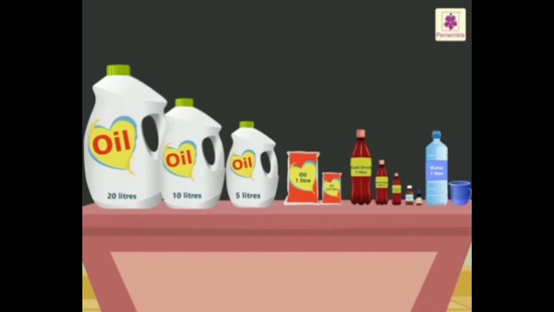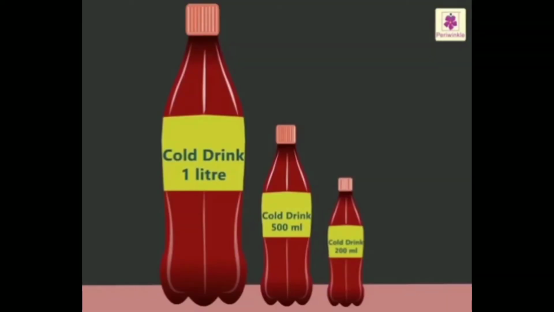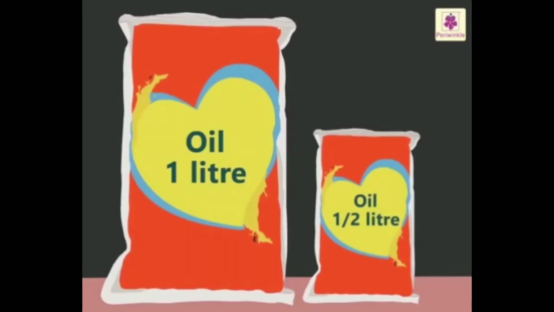Here comes our first example with cool drinks bottles. The cool drinks we see in the markets are as follows. It comes in 200 ml, 500 ml and 1 liter bottles. Same way, we might also have seen oil pouches in the markets that contain half a liter and even 1 liter pouches.